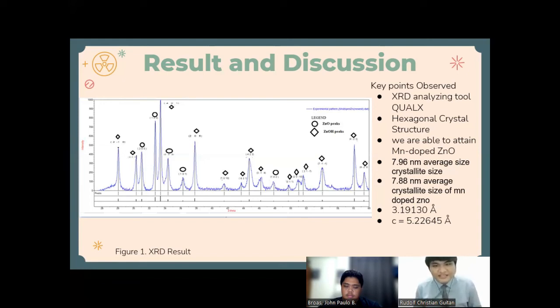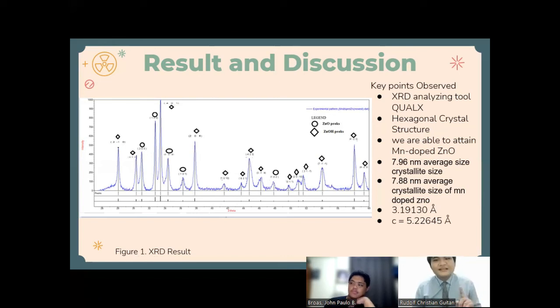While sorting through the QualX database, we noticed that our peaks match those of zinc oxide with Miller indices identified as having a hexagonal wurtzite structure, which confirms that our 5% manganese sample has that structure. The other result is the crystallite size, which is 7.96 nanometers, found using the free-to-use XRD analysis tool Fityk. Using this tool, we were able to determine the data needed for the Scherrer equation to find the crystallite size.